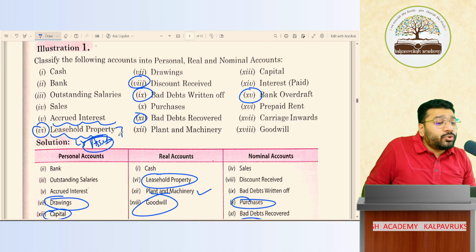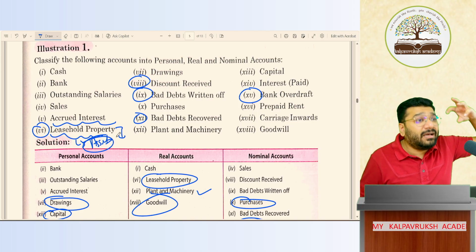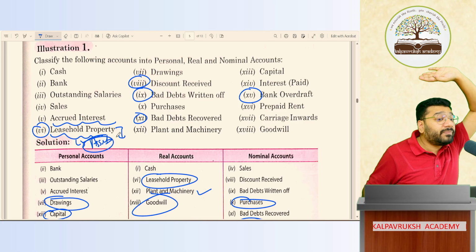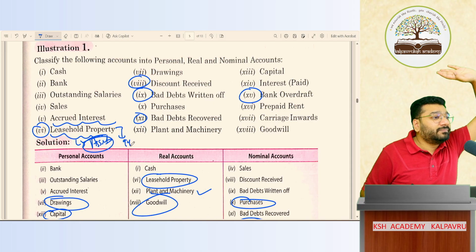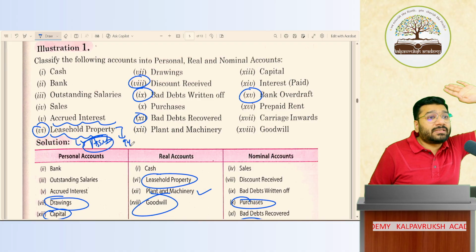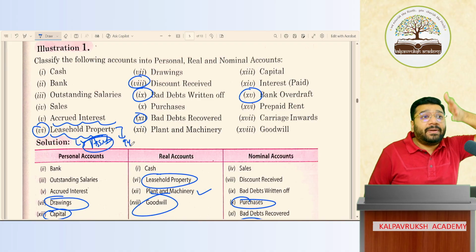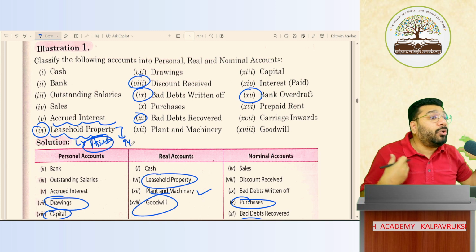So this property I can use only for a stipulated period: 5 years, 10 years, 15 years, 20 years, 30 years, 55 years. In the olden days, it used to be for 99 years. There were big factories which were taken on lease of 99 years, which means the owner used to give that land to the factory for 99 years. If I am that factory owner, I will use the land for 99 years.